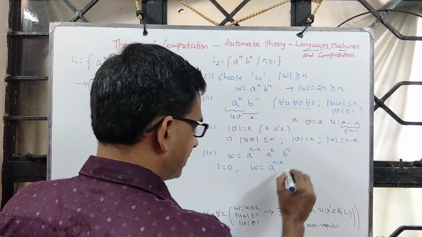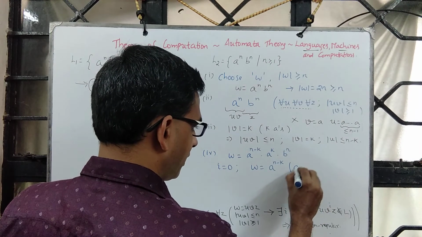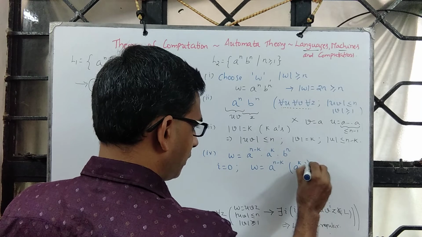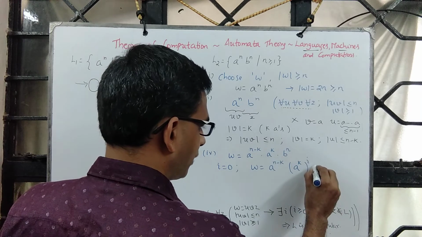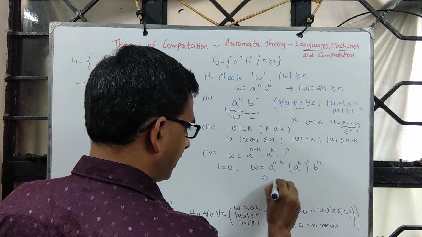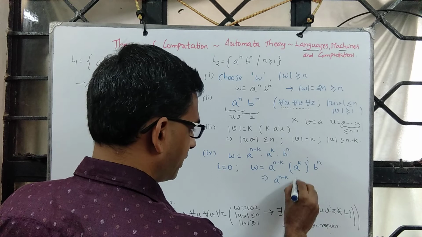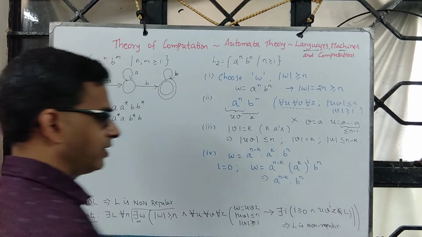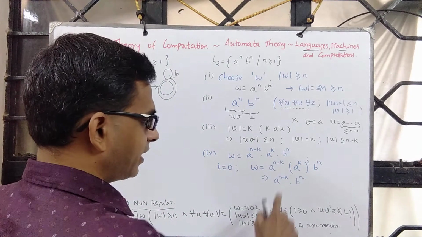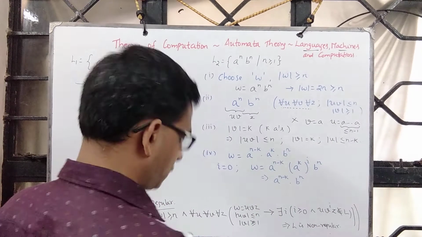So which means w can be rewritten as a power n minus k, a power k to the power i, followed by b power n. And this implies that a power n minus k, this part is 0, times b power n. And remember, k is at least 1 because v is at least 1.